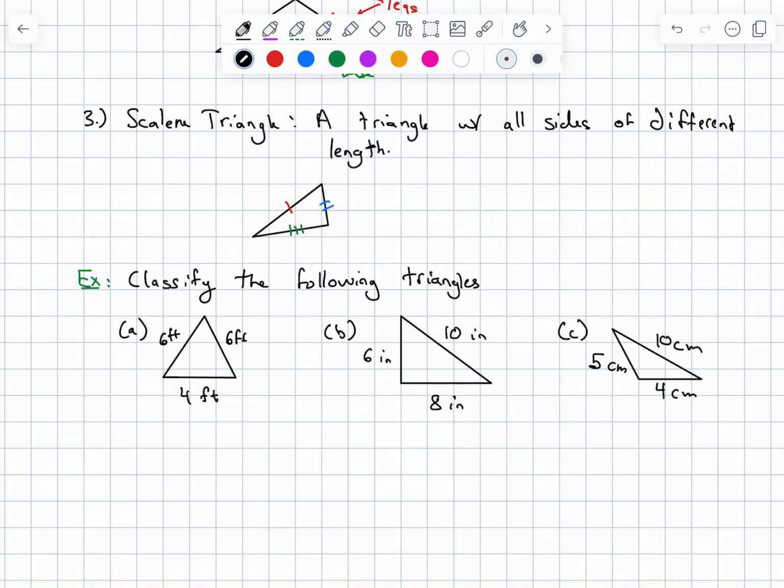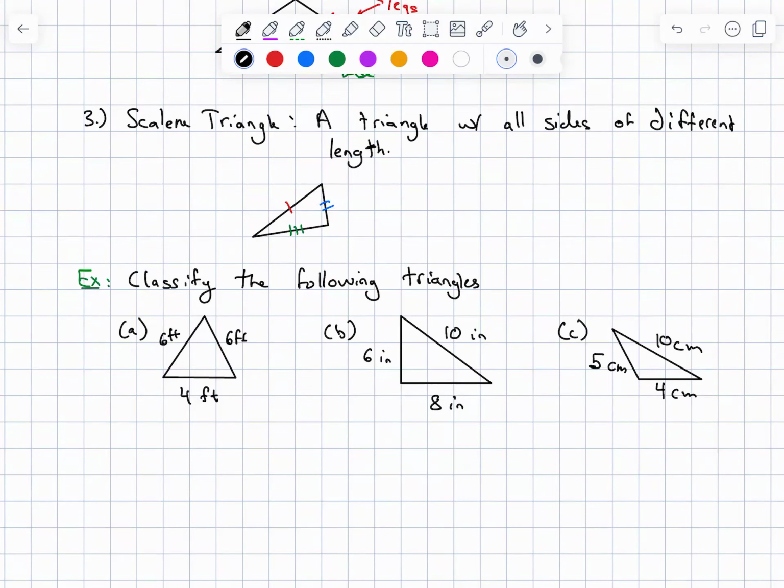Every triangle can fit into one of the 3 categories in each situation. It'll have an angle classification and a side length classification. I'll let you draw those and then we'll go through them.